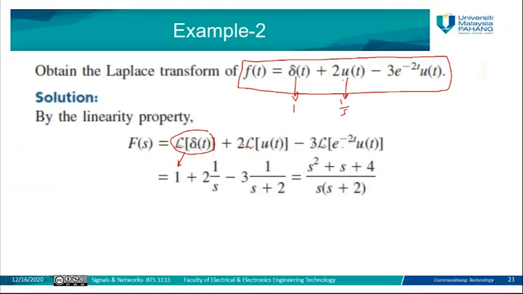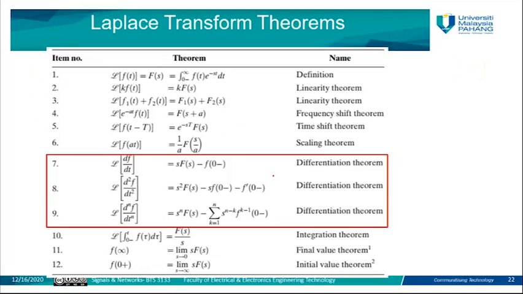Then 2 Laplace of u(t) becomes 2 over s, this second part. Then the third part, which is 3 Laplace of e to the negative 2t u(t), you can also find from the table: the exponential of negative 2t is equal to 1 over s plus 2. You can find it from this formula here.